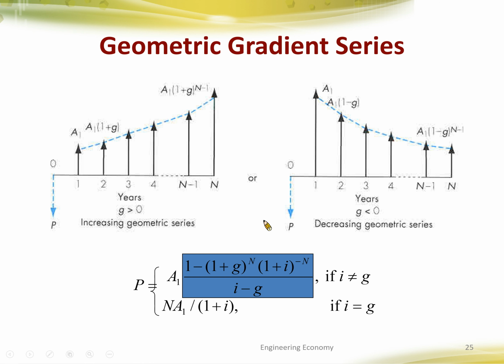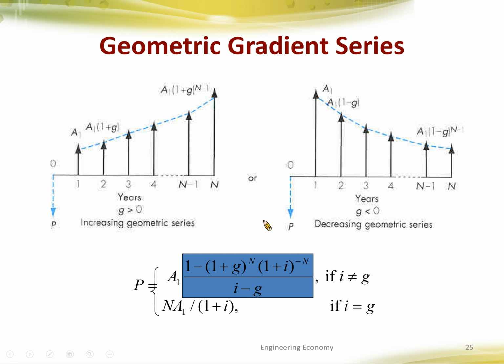In this series, the next cash flow will be a certain percentage more than the previous one. So the cash flow at the end of period 2 will be the cash flow at the end of period 1 multiplied by 1 plus G. So it will go up geometrically, as you can see.